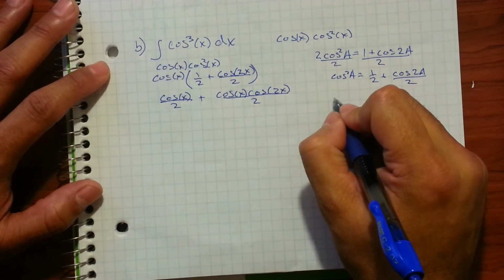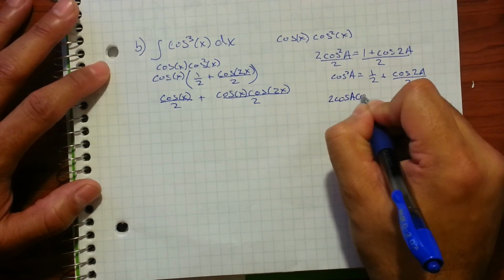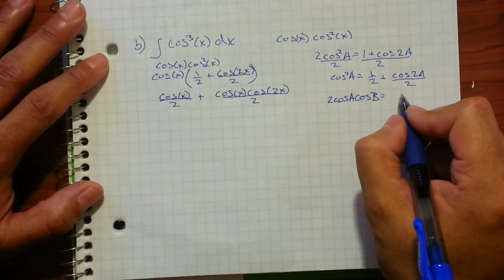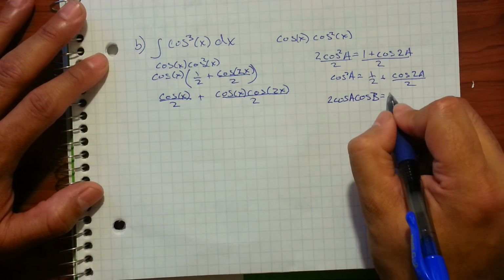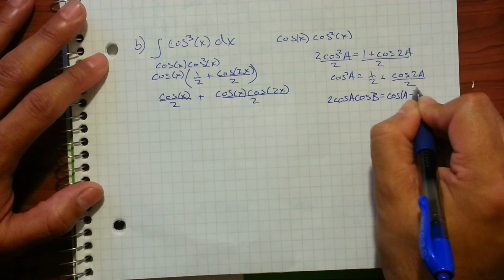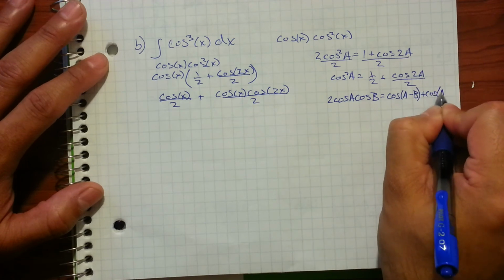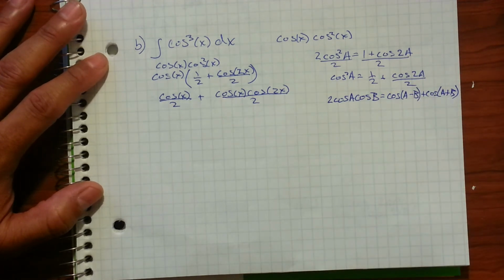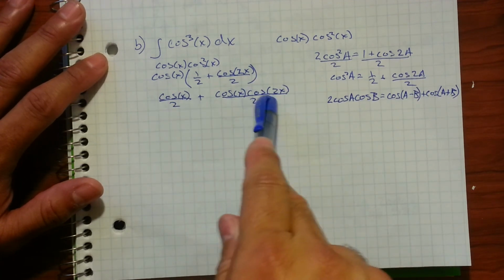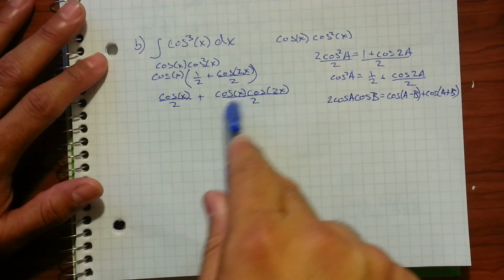That says 2 cosine A cosine B is equal to, let's see, cosine A minus B, and that's going to be plus cosine A plus B. Okay, now right here, I'm going to call this one A and this one B. The reason why is because I don't want to end up with a negative on this.